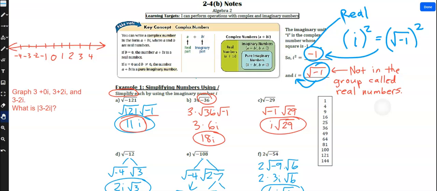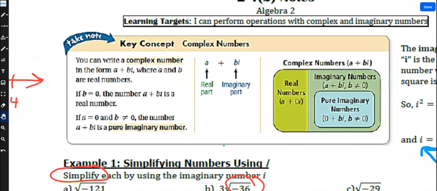What about if you combine a real number and an imaginary number? Okay, so the real numbers, big group of numbers. Imaginary numbers, big group of numbers. But then, if you combine these together, you get an even bigger group of numbers called the complex numbers.